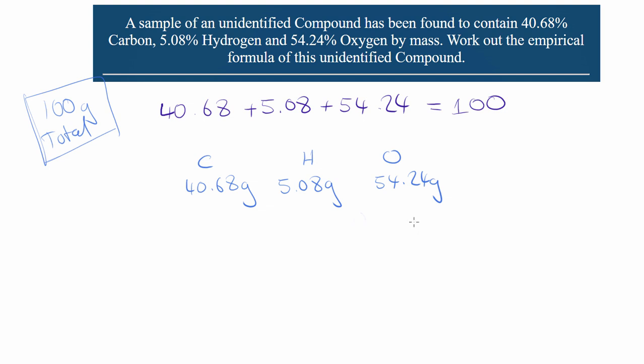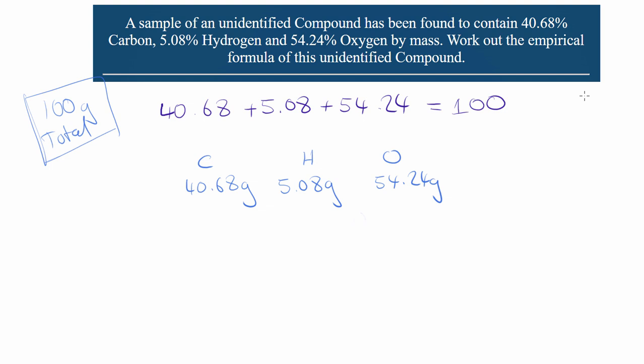And what we're really trying to do in this question is to work out the simplest whole number ratio between the amount of the atoms of each element present. Working that out is not going to be done straightforwardly by keeping it in the format of mass. We want to convert it into a format where we can make an amount of substance to amount of substance comparison.